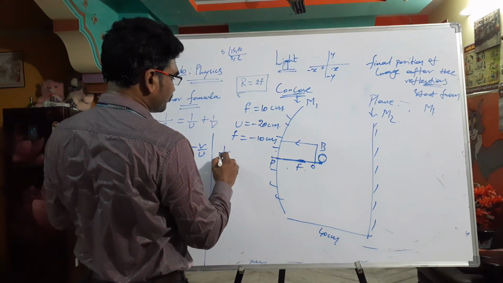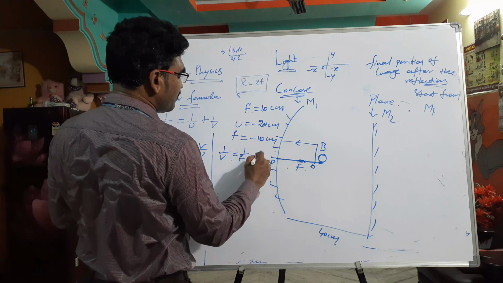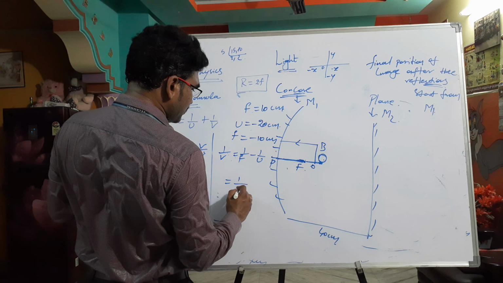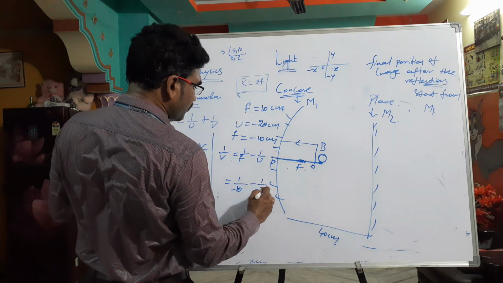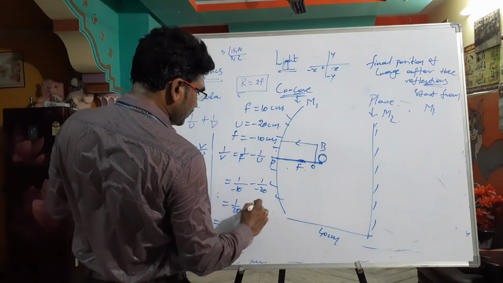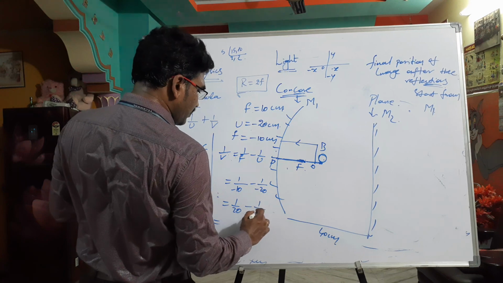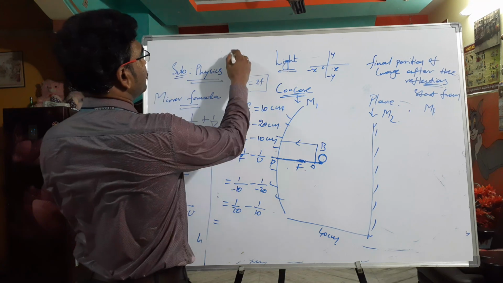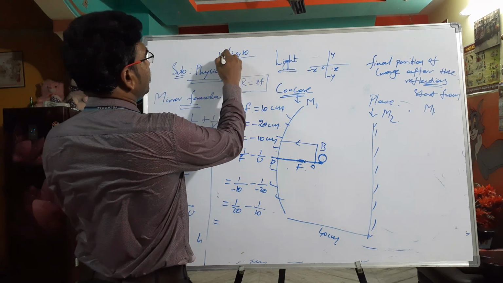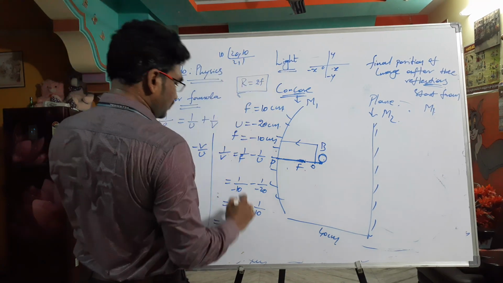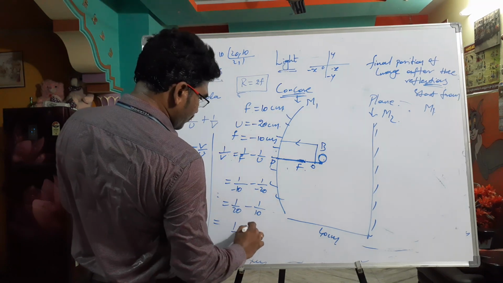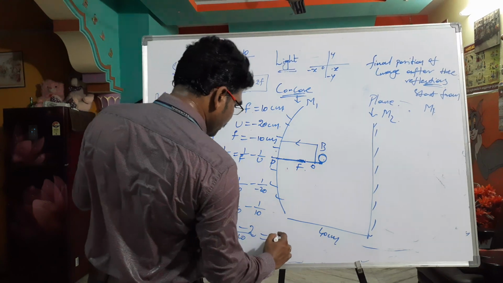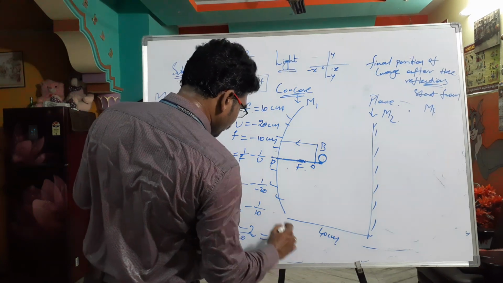Then 1 by v is equal to 1 by f minus 1 by u. Then 1 by f, it is minus 10, minus 1 by 20. So 1 by 20 minus 1 by 10. Then LCM of 20, 10 is 20. So 1 minus 2, that is minus 1 by 20.